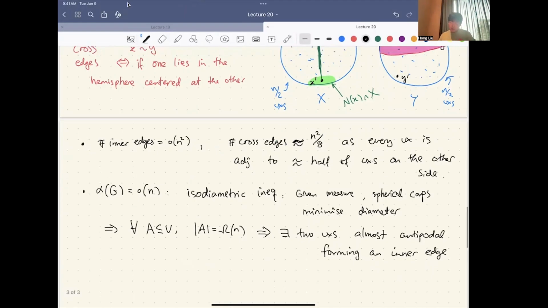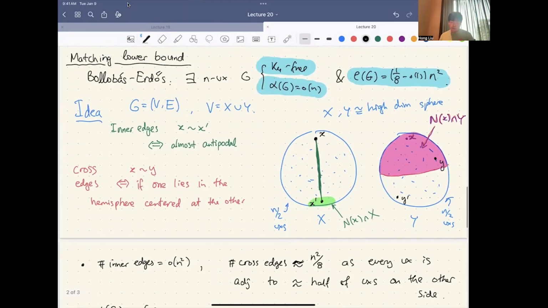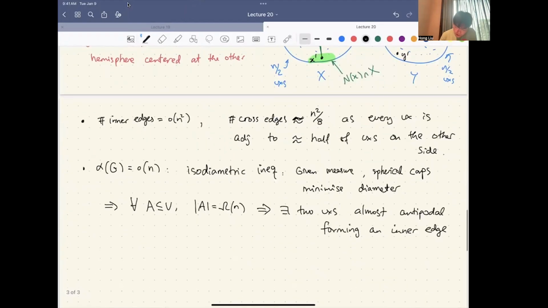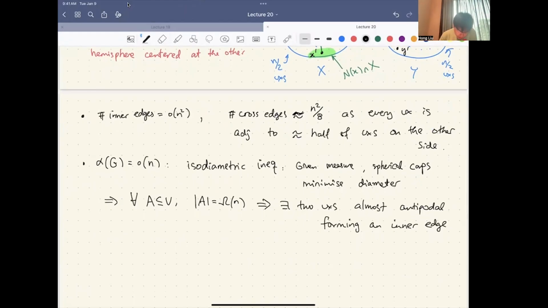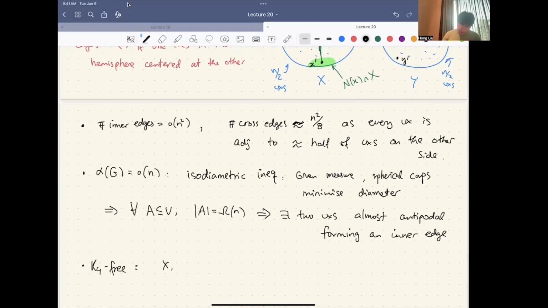Okay, then the last property, that it's K4 free, is some geometric intuition. Why is this K4 free? Well, first of all, observe that X and Y are both triangle free.